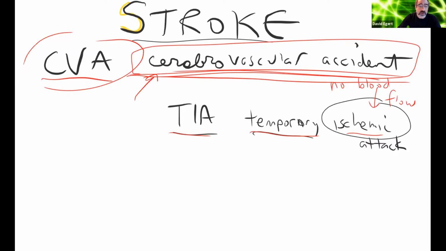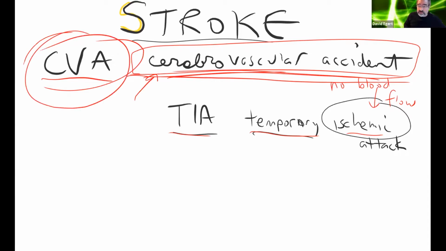You can have hemorrhagic strokes where there's a burst blood vessel. So now the blood is just spilling out instead of continuing on its way to where it's supposed to go. So there are lots of different ways you can have a cerebrovascular accident. It can be from a block, it can be from hemorrhaging, from a tear. But in general, it's a bad thing.